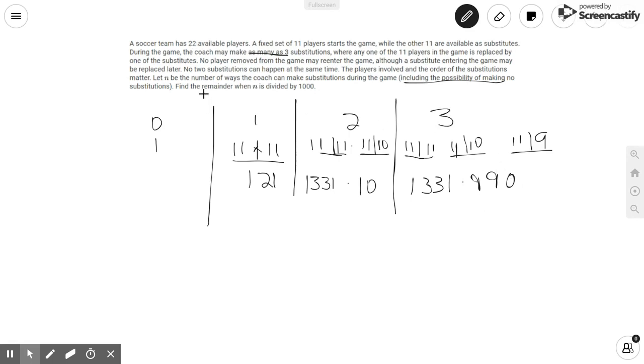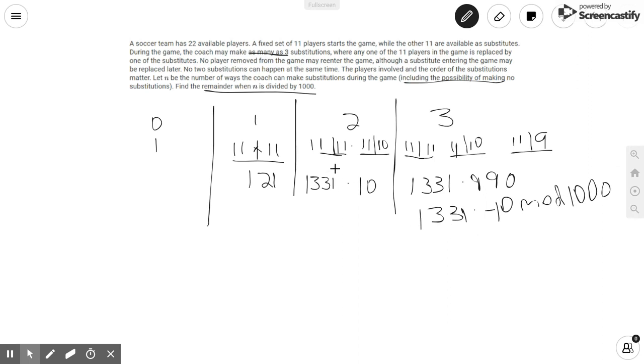But we notice that the problem asks us to find the remainder when n is divided by 1,000. This actually becomes a lot simpler because if we take 990 mod 1000, this is actually congruent to negative 10, so this is actually equal to 1331 times negative 10 mod 1000.